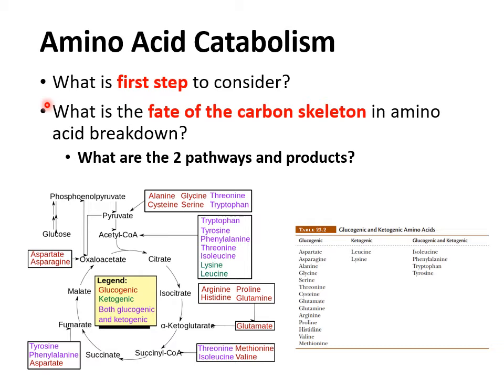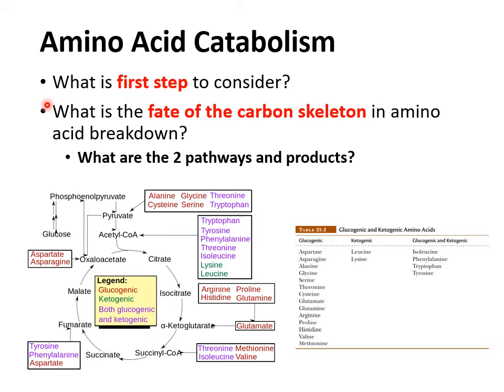Now, there's going to be a recap slide in a minute. The big thing for these reactions is the first step, which is transamination. Now, interestingly, we just mentioned transamination in the creation or the anabolism of amino acids. So don't get confused thinking, oh, it's just the complete opposite. We've seen throughout other lectures that that's not always the case, but ultimately the end goal is opposite.